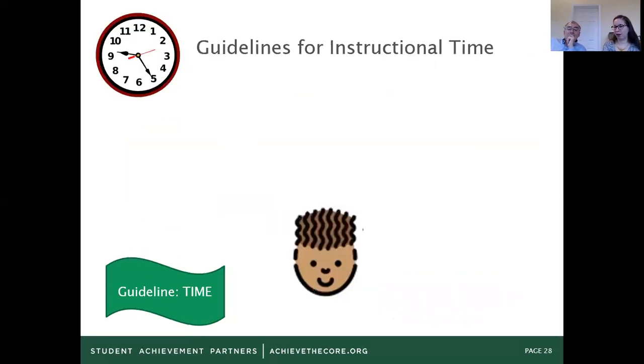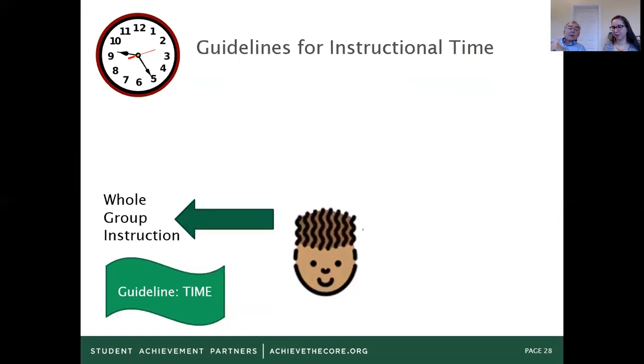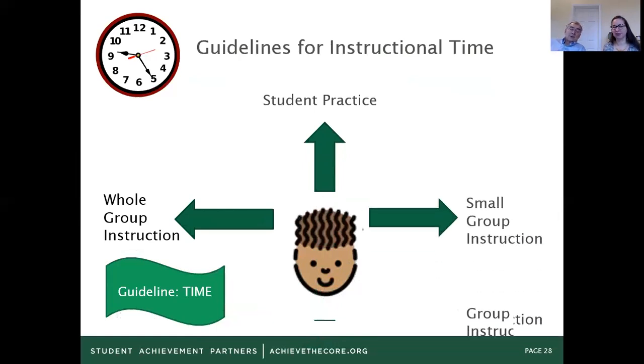So some guidelines here in terms of what that instructional time means. So you have whole group instruction, and you have student practice, and you have small group work. This is not exactly a revolutionary concept here.